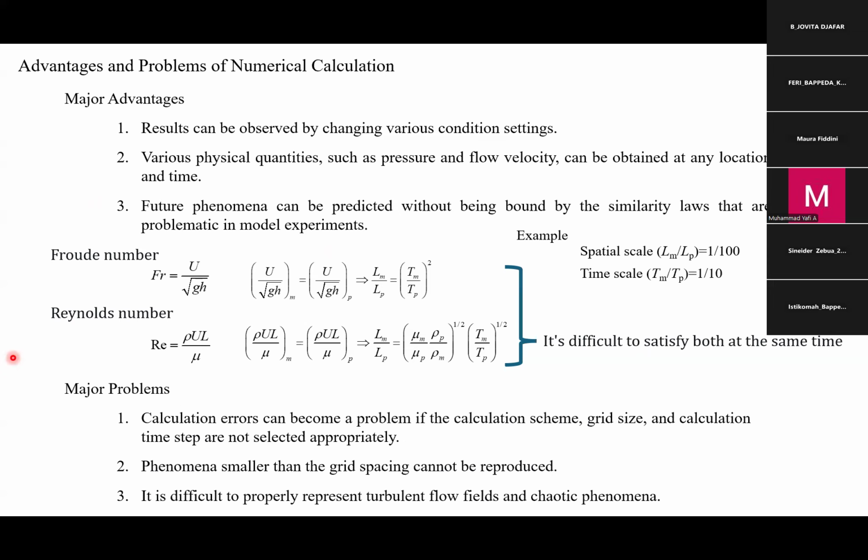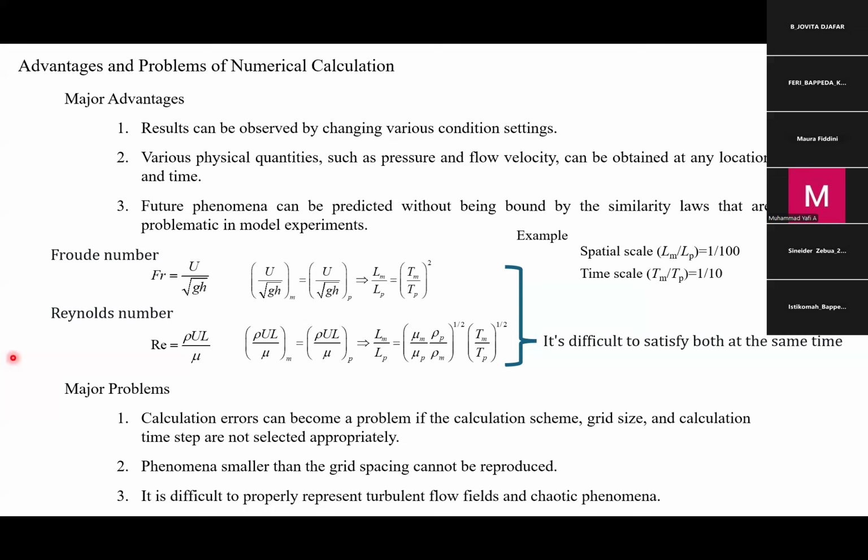And also, there are some problems. First one is the calculation error can become a problem if the calculation scheme, grid size, and calculation time step are not selected appropriately.